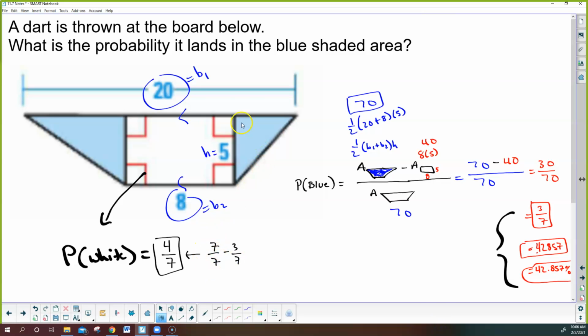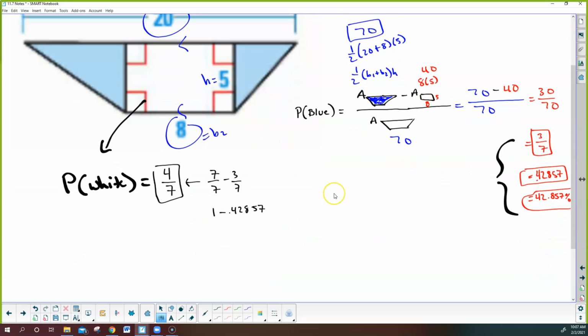7 out of 7 represents the whole area. The 3/7 is the area of the blue, or the probability of the blue. So all I did was take 1 minus this answer from the blue. That's just another way to think of it.